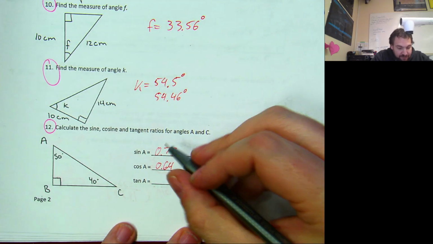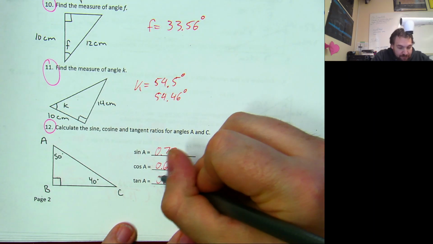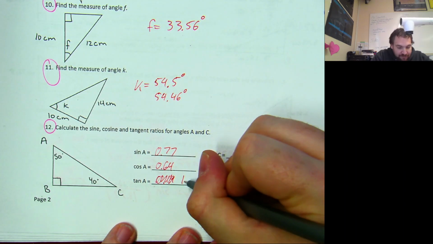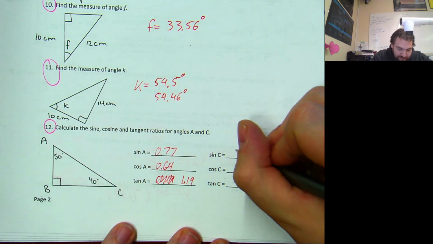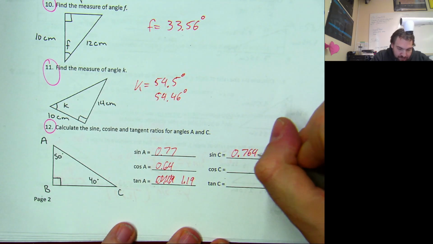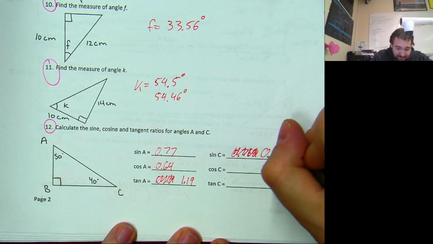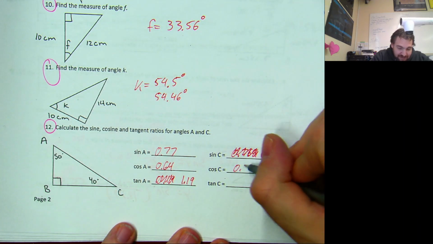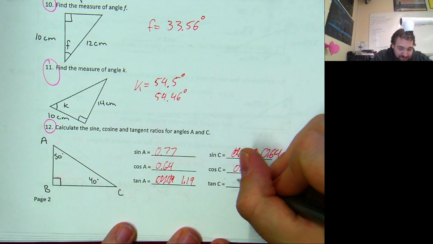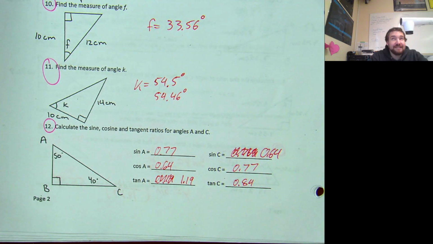Tan A? 0.19? 1.19? Okay. Sine C? 0.764. Oh, 0.64. Cos C? Tan C? Cool.